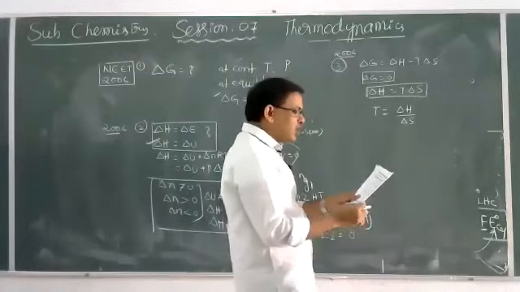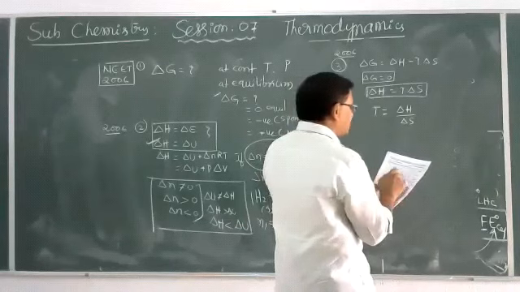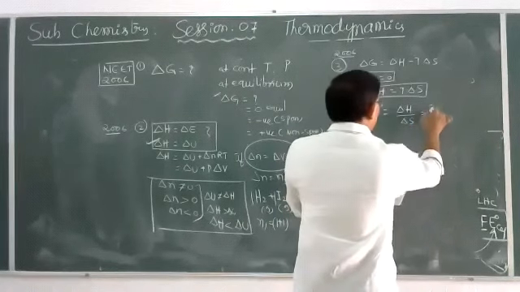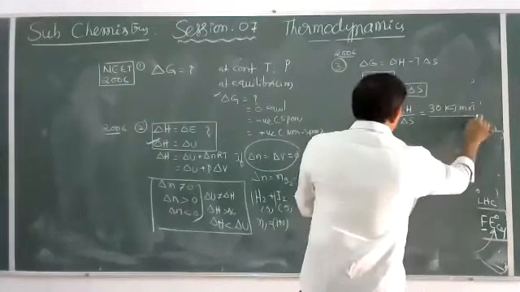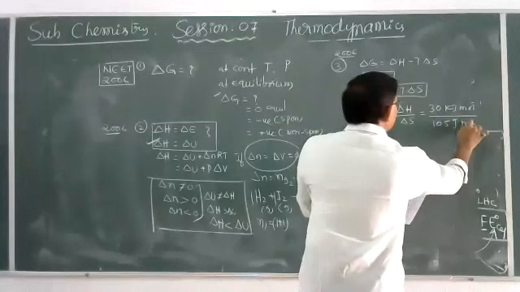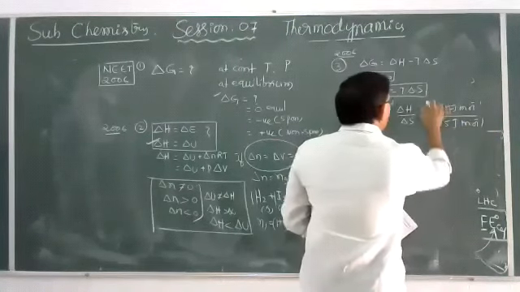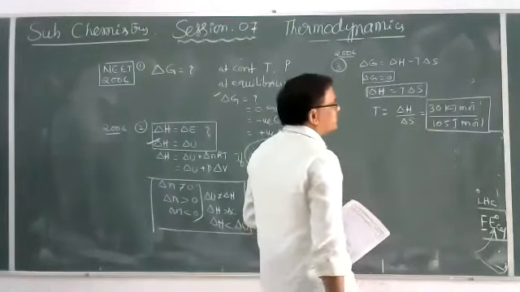Now the enthalpy and entropy changes are given here. Delta H is 30 kilojoules per mole, and delta S is 105 joules per Kelvin per mole. Just observe how the examiner confuses the students.